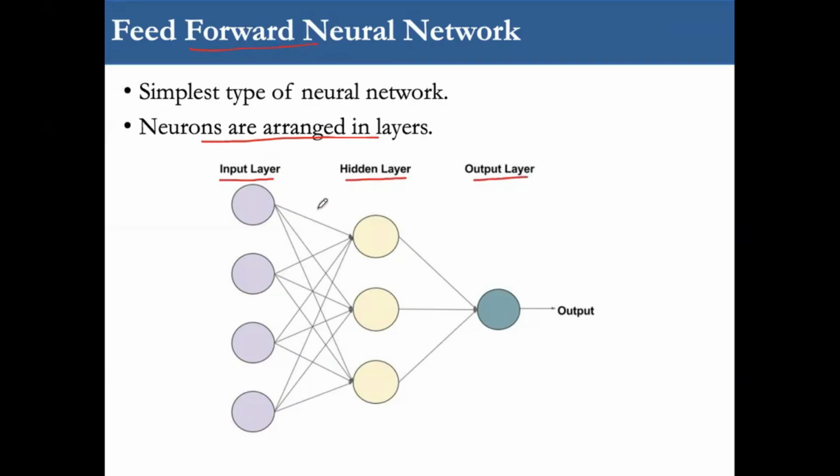The information flows only in the forward direction and there are no feedback loops. You can have one or more hidden layers. There is no back propagation in this network.